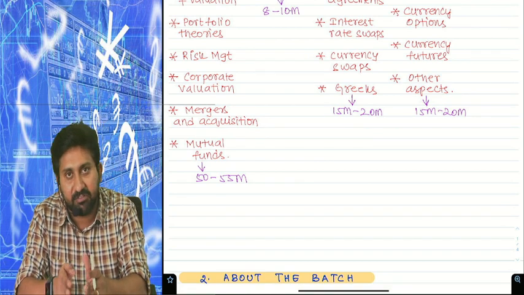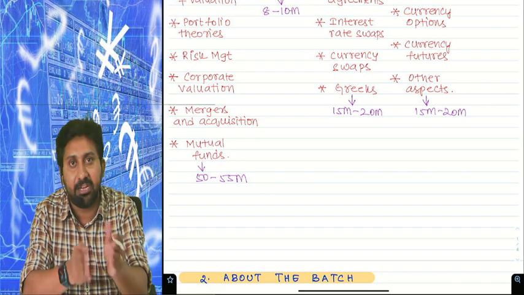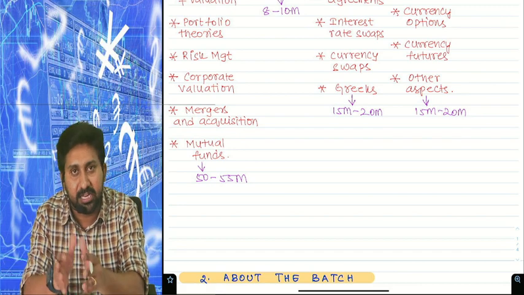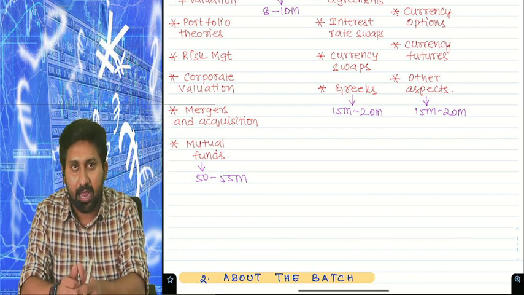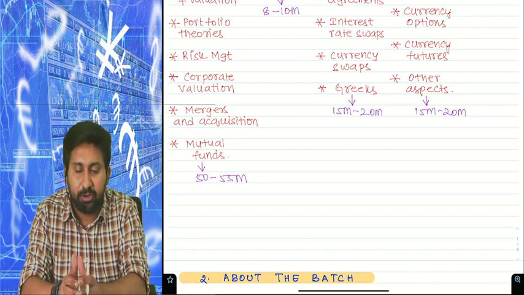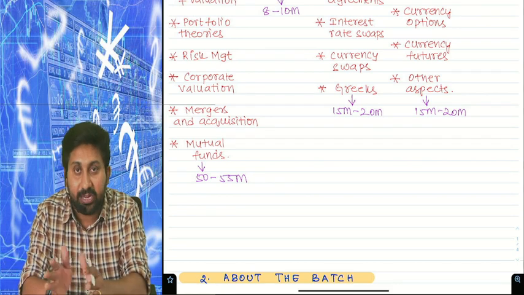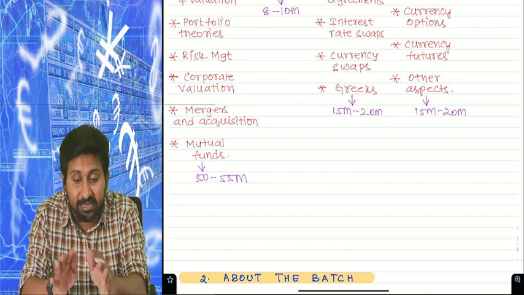Later the concepts of beta, 6 types of beta valuation systems. After that, levered and unlevered beta calculation, and how levered and unlevered beta are used in the mergers chapter. And after that, we will be going into one very important concept called the characteristic line, not characteristic market line, characteristic line.